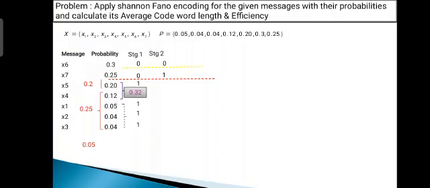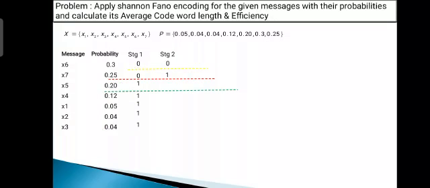The remaining probabilities in the other set, the sum is 0.13. The difference between these two sets is 0.19. So the first trial was better, so we can go for the partition here.